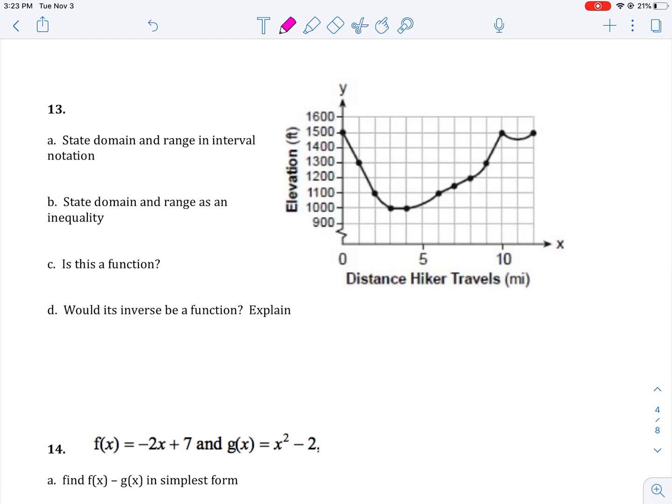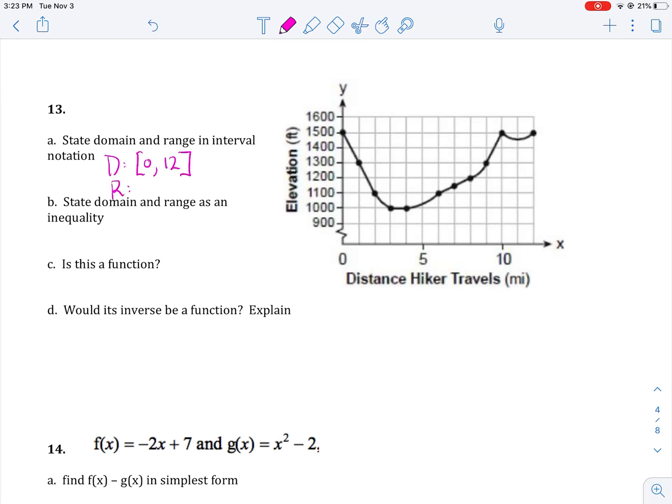So state the domain and range in interval notation. Okay, so our domain, as we go left to right, as you can see, we are starting at 0, and we stop at 12. Okay, and again, those both go in brackets because we want to include both of those values.